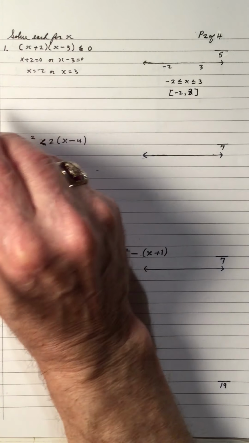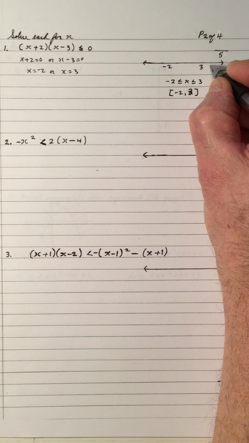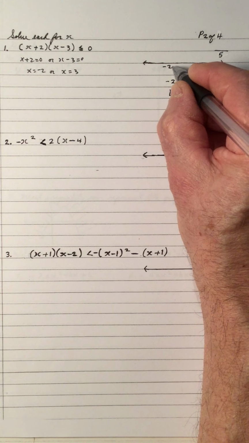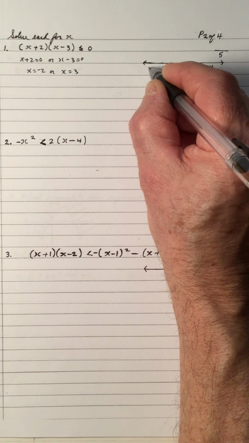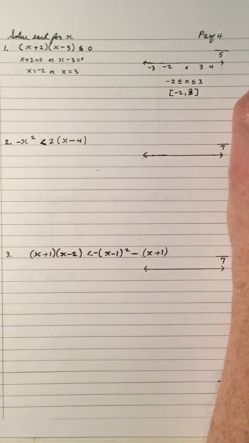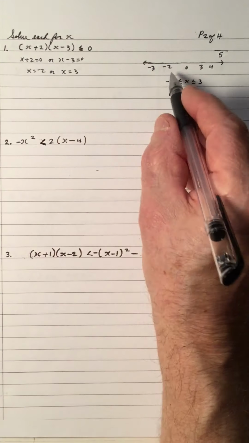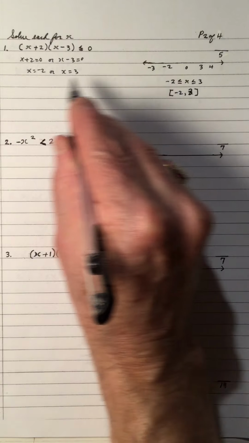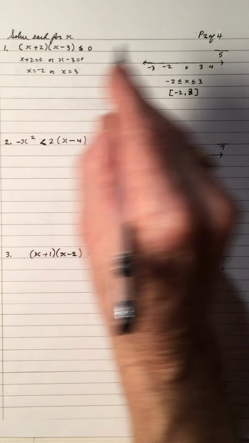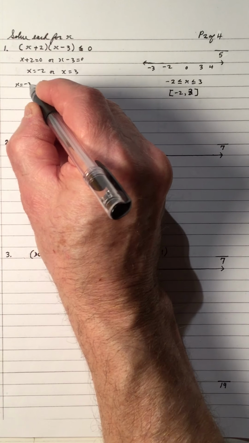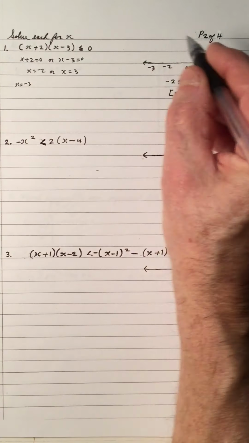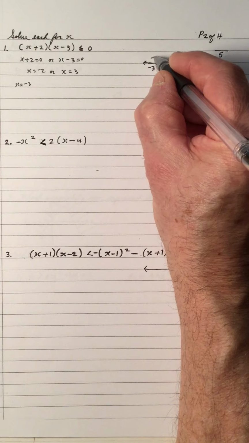And the other way would be to pick a number for each region. A number between negative 2 and 3 is 0. And a number below negative 2 is negative 3. You plug each of these in one at a time and figure out what your sign is. If you took x equals negative 3 and subbed it in, you would come up with a plus.